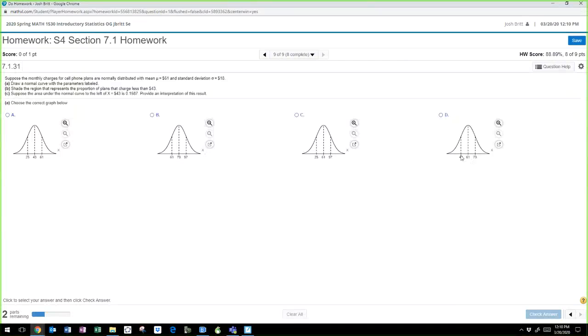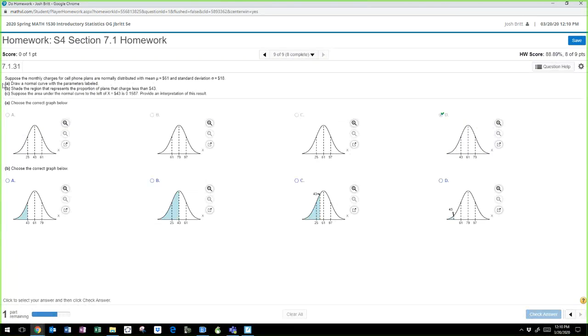And then this one is going to be 61, the average, minus the standard deviation. So 61 minus 18 gives you 43. So this is the curve. And then part B, shade the region that represents the proportion of plans that charge less than 43.